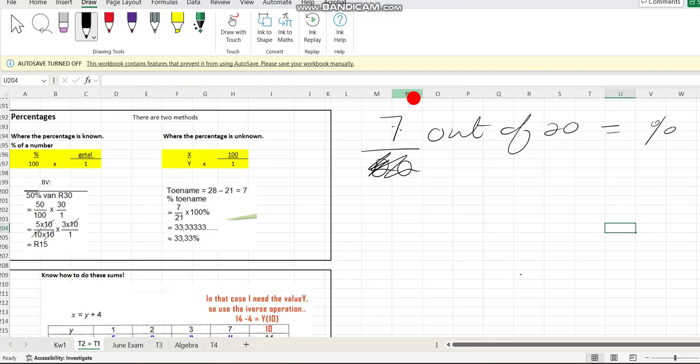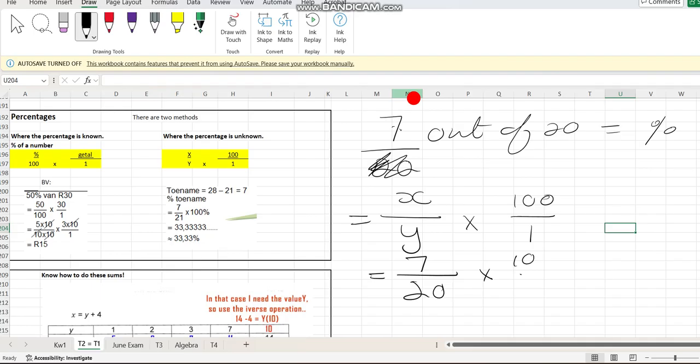So they're asking you for the percentage. So you don't know, which means it's x above y times 100 above 1. X then will be your numerator, your teller. Y will be the denominator, die noemer. So waaruit tel die toets? 100 will just stay that way.